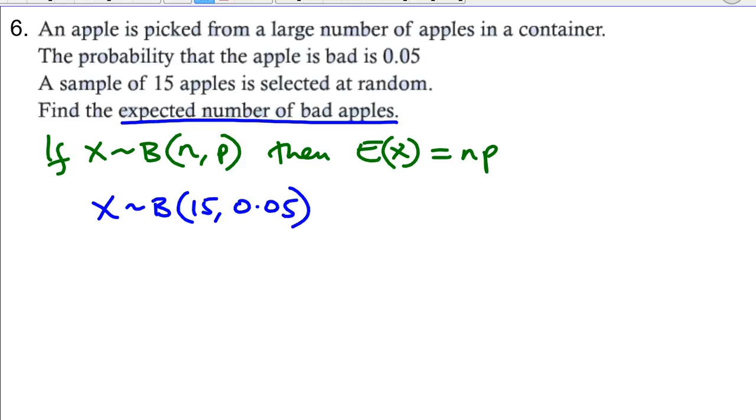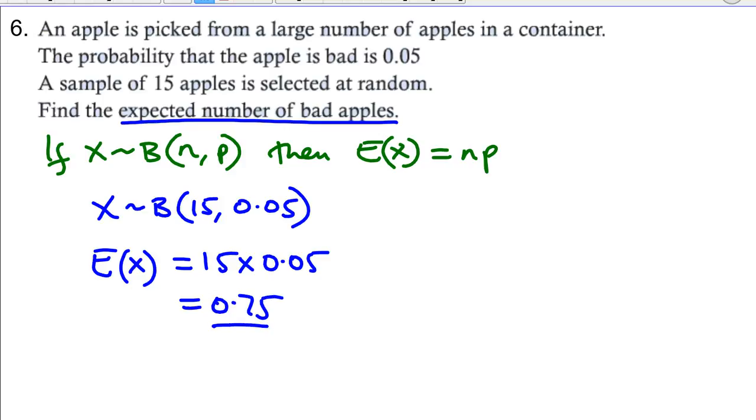Using the formula, the expected value of X will be 15 multiplied by 0.05, because n here is 15 and p is 0.05. If you multiply those, the expected value of X is 0.75.